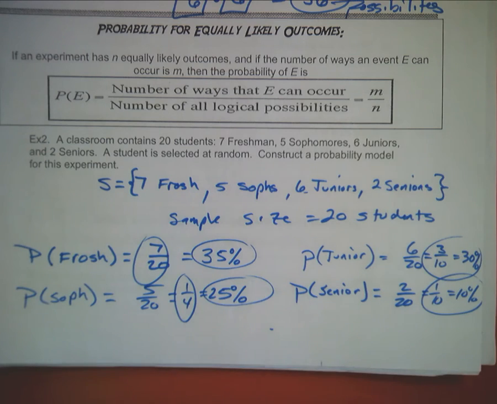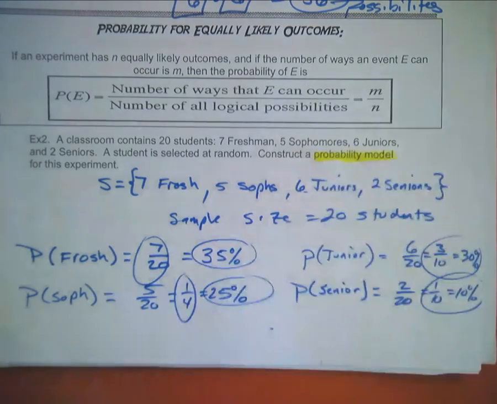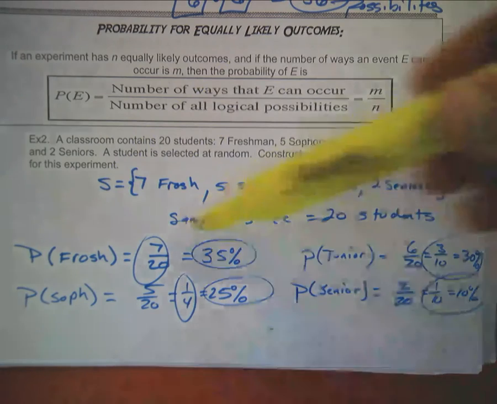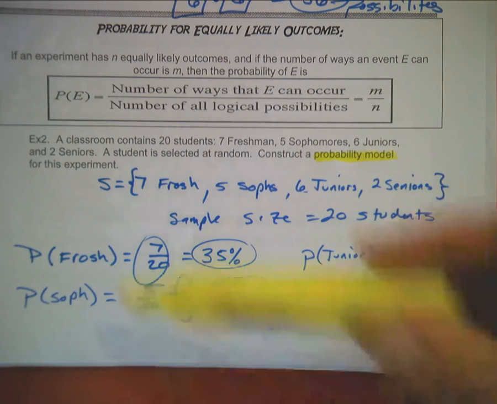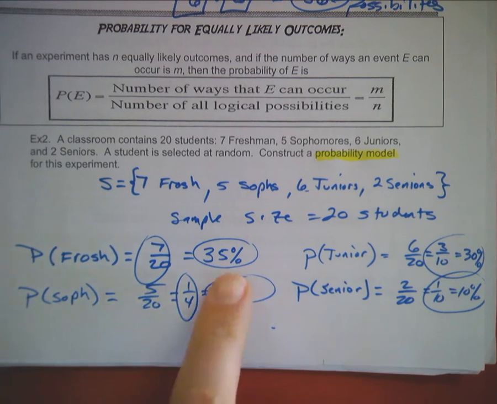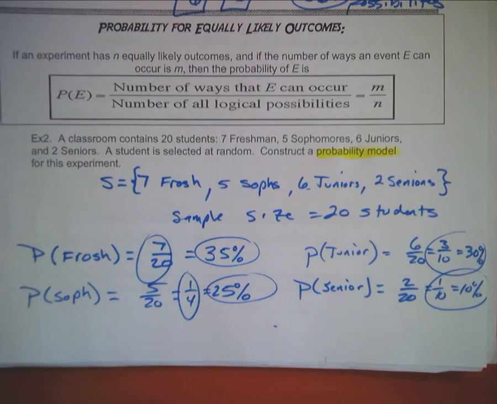So as I take a look, guys, this again is what a probability model entails. It has your sample space, it has your sample size, and then it has the probabilities of all of those things happening. Now, percentage-wise, they should always add up to 100%.